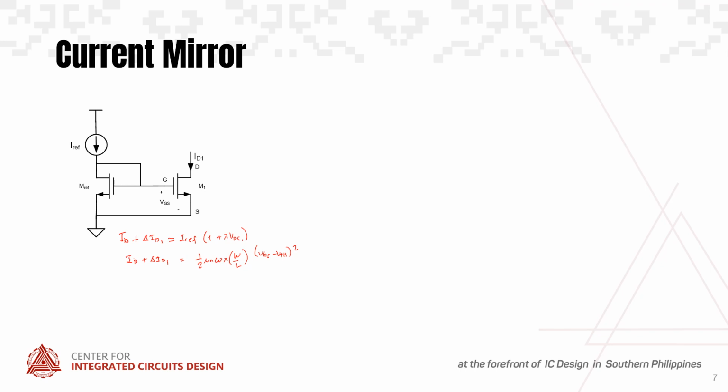And for the Iref, we can have Iref times 1 plus lambda VDS1. We could also have 1/2 mu n Cox W/L of the reference MOSFET, VGS minus VTH squared.